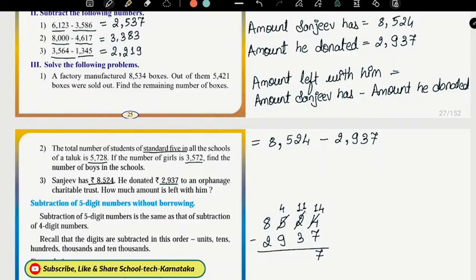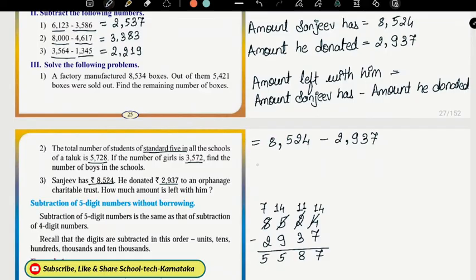Now 11 minus 3 is 8. And 4 minus 9. As 4 is less than 9, we borrow 1 from the next place. Subtract 1 from here, we get 7 and borrow 1. So we have 14. So 14 minus 9 is 5 and 7 minus 2 is 5.